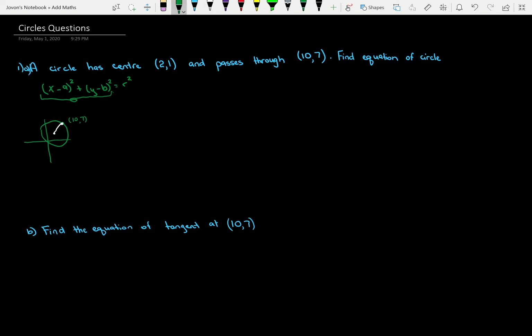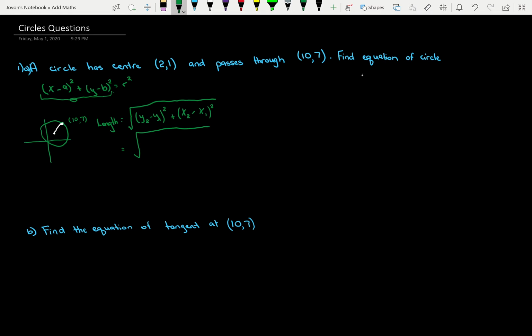Okay, so if you recall the equation for the length, it is the square root of (y2 − y1)² + (x2 − x1)².